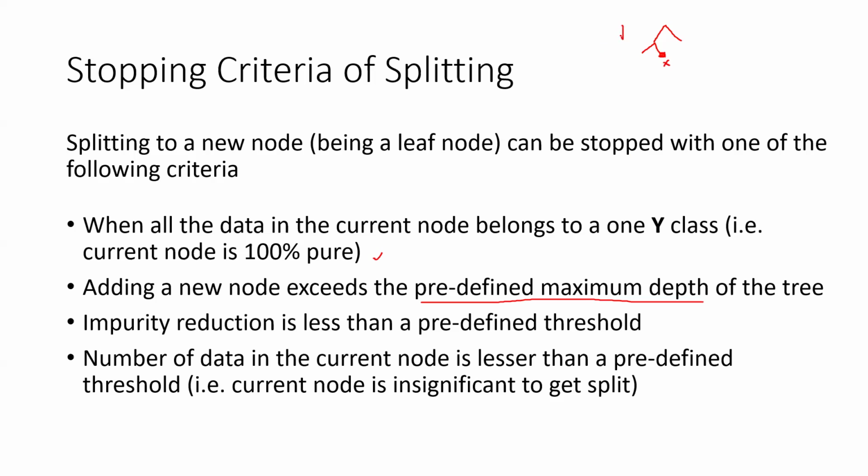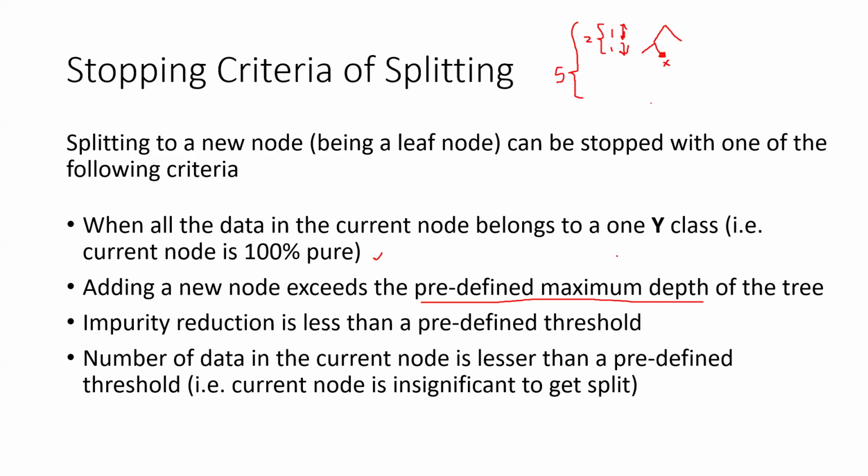For example, in this one, from here to here, 1, from here to here, 2. So the depth of the tree would be 2, right? You may have the maximum depth of the tree at, for example, 5. So you can't have more nodes in this tree beyond a depth of 5, and you have to stop by 5, because more depth would create overfitting.